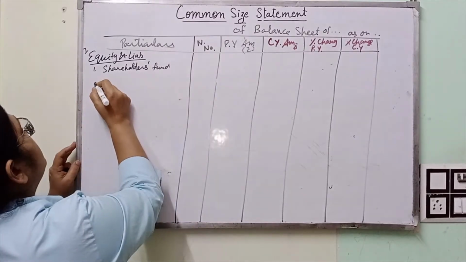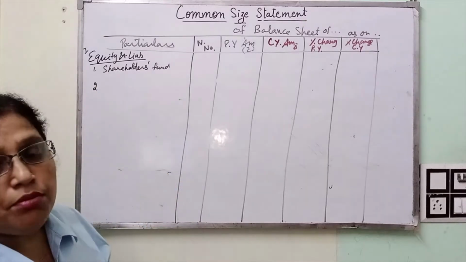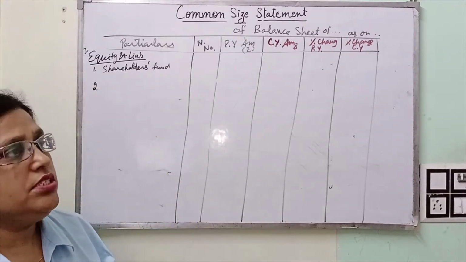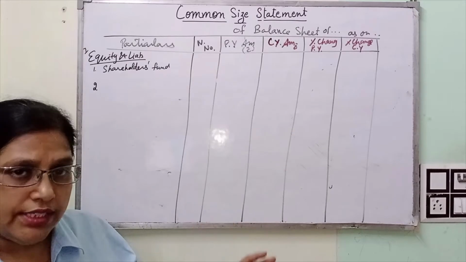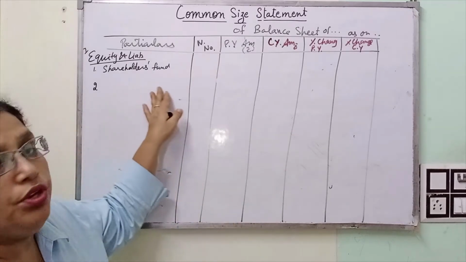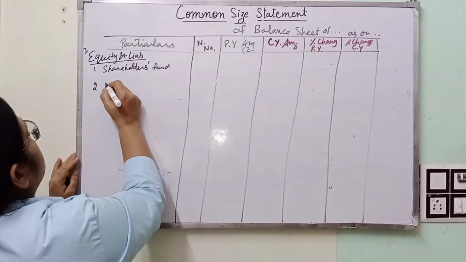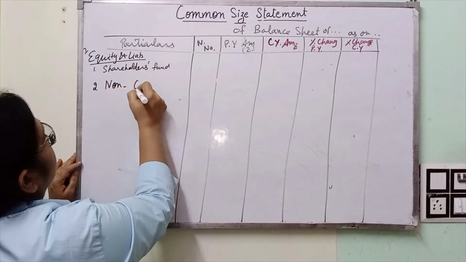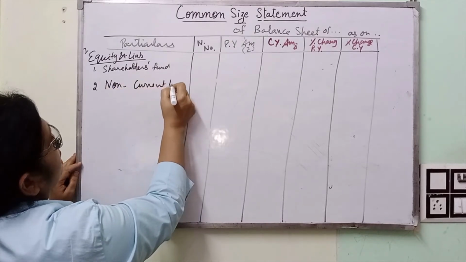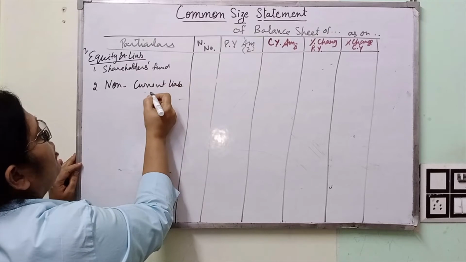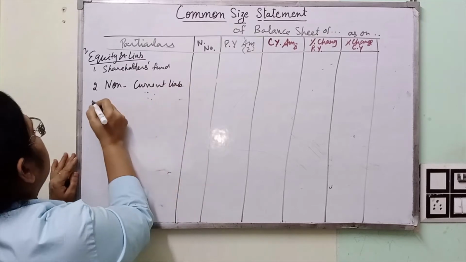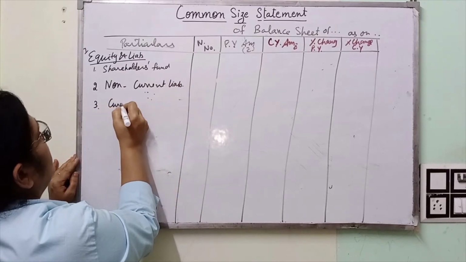Second is share application money pending allotment. The treatment of this point is not in our syllabus, so I am not going to write it here. Third is non-current liabilities. We have to give the details of all non-current liabilities. Fourth is current liabilities.